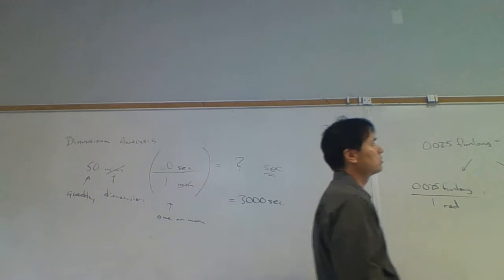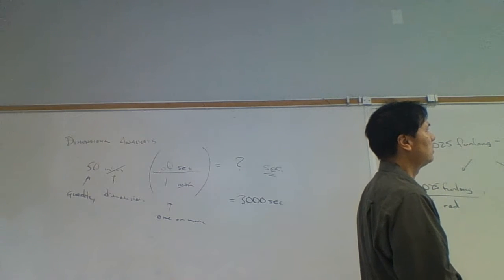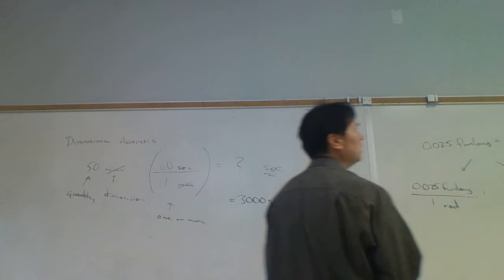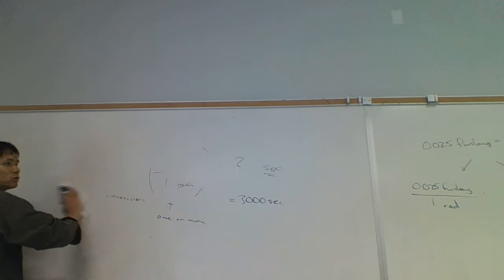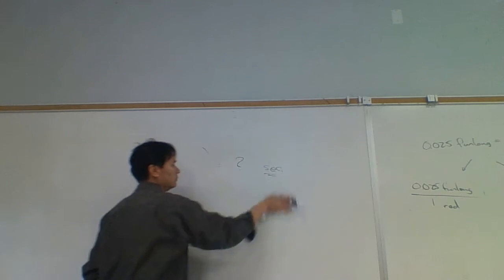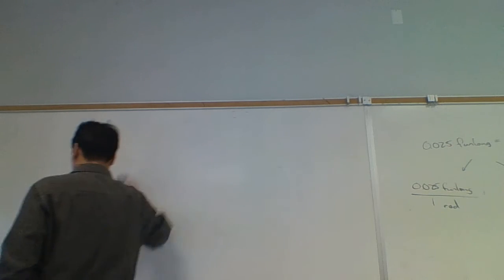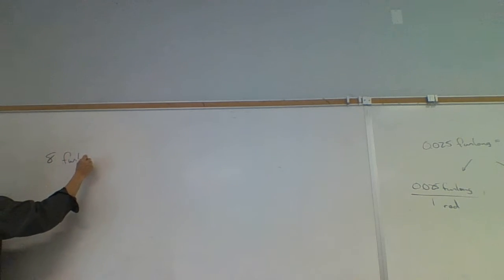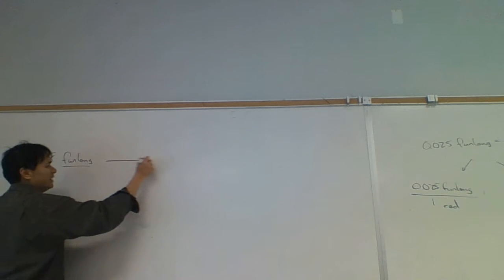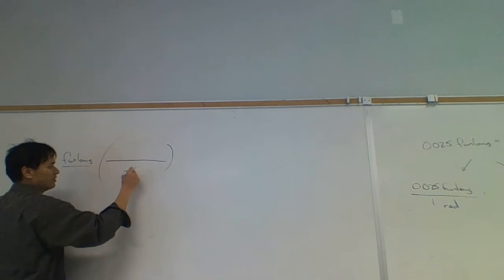The oldest horse racing track in the United States is 8 furlongs long, I think. What is the length of the track in rods? So the start is, okay, we have 8 furlongs. And what we need is something that can cancel out furlongs.